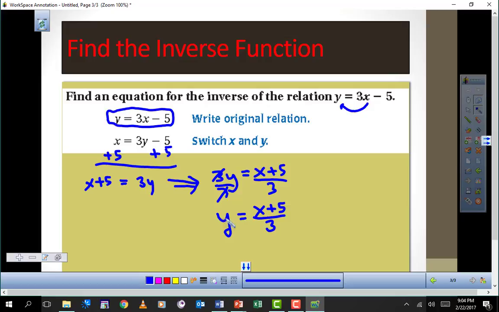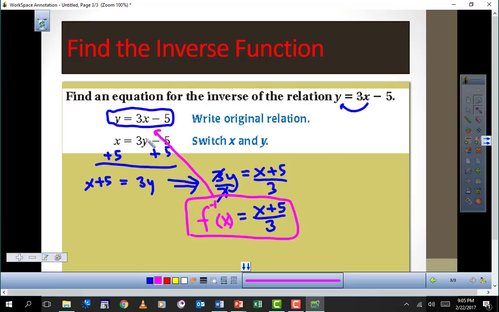And then we call this the inverse function. So we're going to take this part out and call it the inverse. Let me erase a little bit, make it a little bit better. So we take that out, and after we've solved for y, we then call it the inverse function. Remember, there's a minus 1 there. And so this is the inverse function of this one.